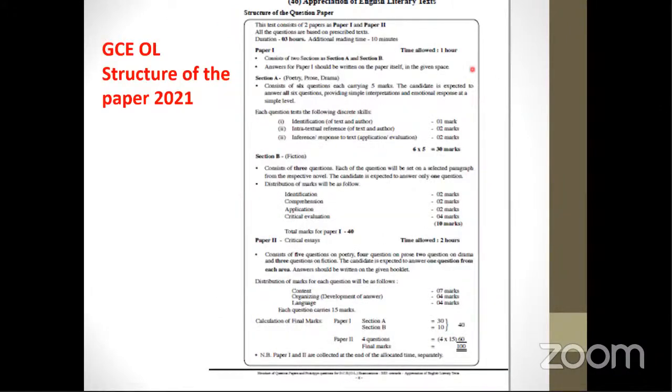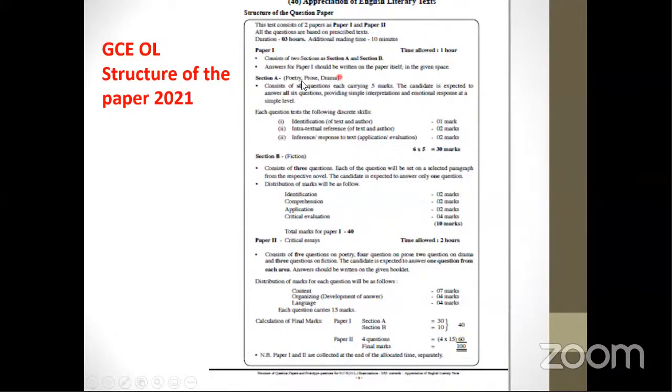So, the new paper structure. I'm sorry, it's not very clear, very small, but I wanted to show you. Earlier we had part 1 and part 2, but from this year we are going to have paper 1 and paper 2. Paper 1 will have 1 hour.